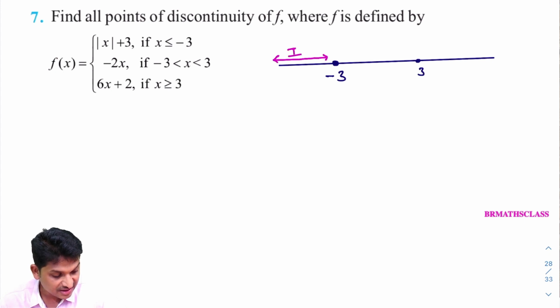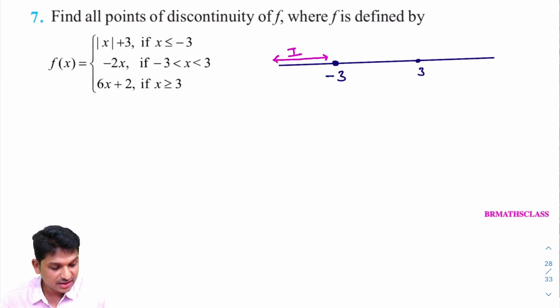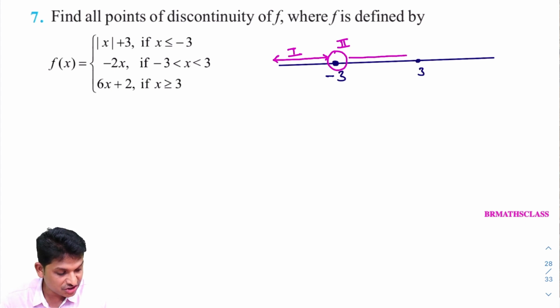Now I'll check the continuity of the function in each zone. Case 1: I'll check continuity of this function whenever x value is less than minus 3, whether there is any point of discontinuity or not. Case 2: I'll check continuity of the function at x equal to minus 3. Case 3: I will check continuity of the function in between minus 3 and plus 3.